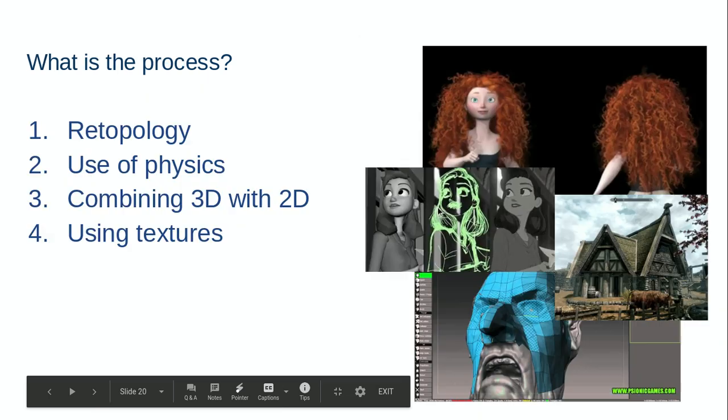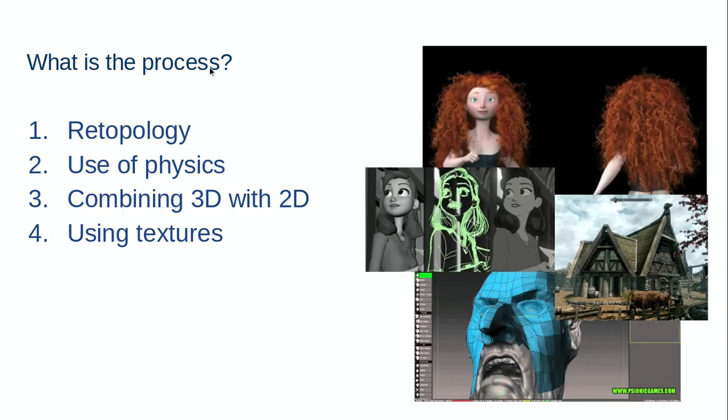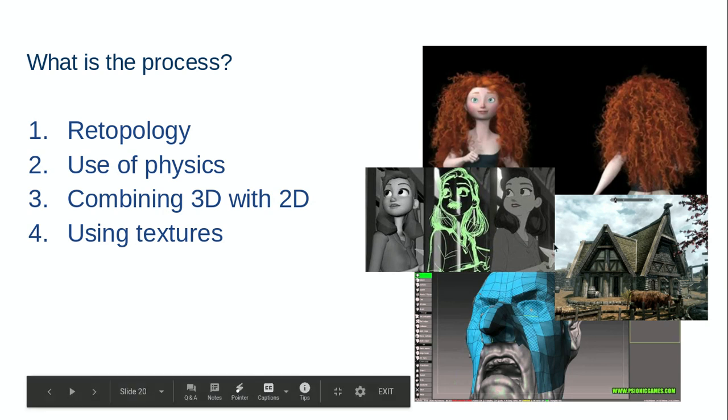Then when it comes to the process, you could be talking about retopology. I'm not going to talk too much about that right now. That's for you to go away and research. But it's this process of retopologizing a high poly model.